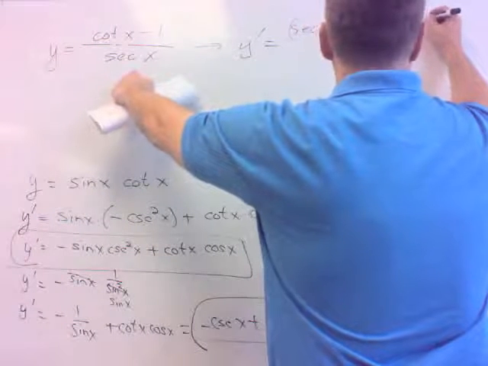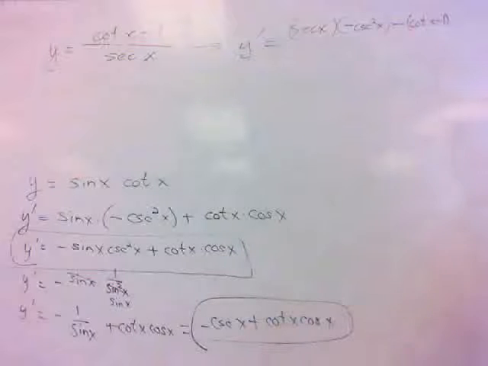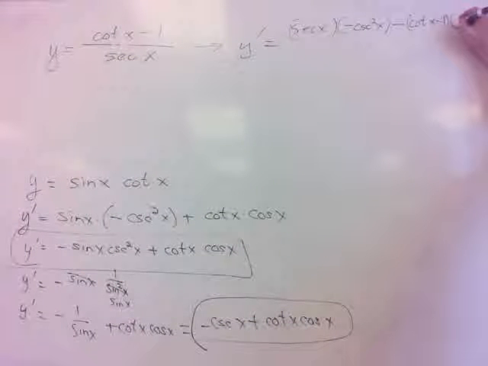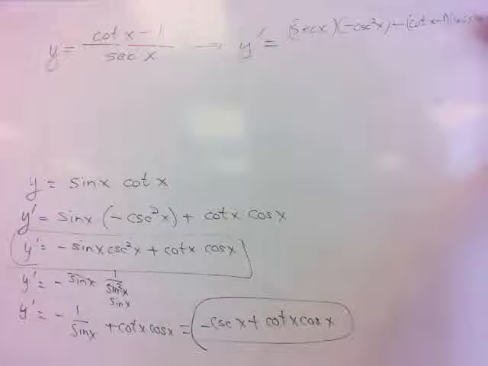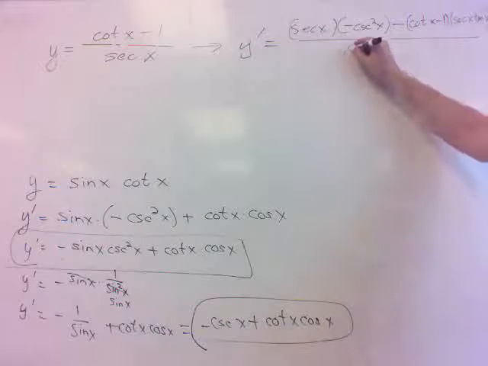high, cotangent x minus 1, times d of the low. What's the derivative of secant? Derivative of secant is secant times the tangent. Secant x times tangent x. And then low squared.